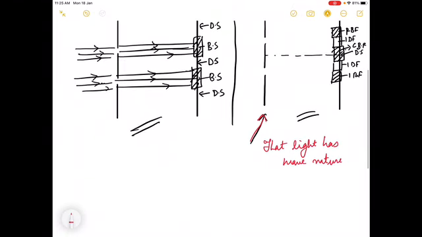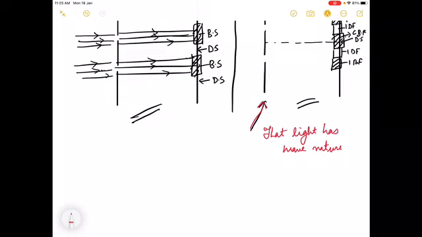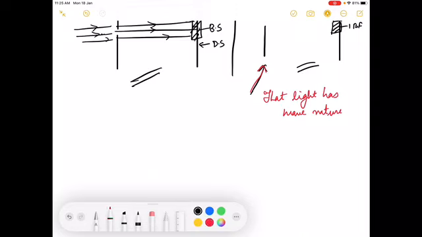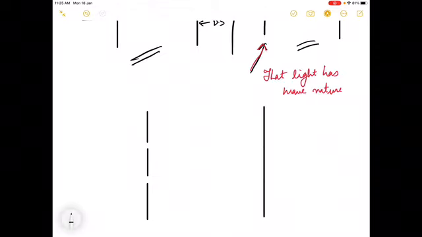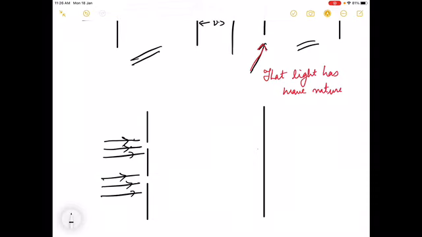Now we have to look very closely at what actually happened. Let me draw this again. We had two slits in this experiment and one screen. When the light entered through the slits, our observation was that at the center we were able to see a bright fringe, the central bright fringe.